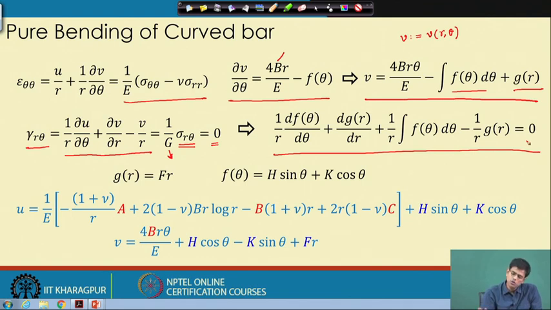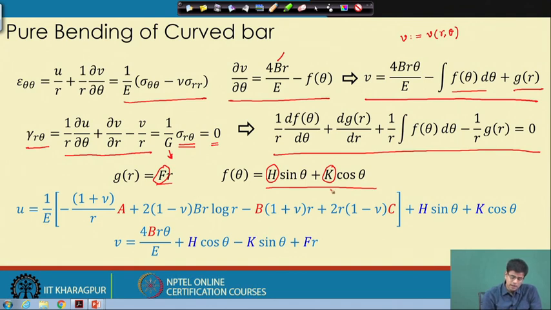If I now use g r equals f r and f theta equals h sin theta plus k cos theta, where again f, h and k are constants we need to find out, this satisfies this equation, right? You can just substitute and check whether this satisfies or not.